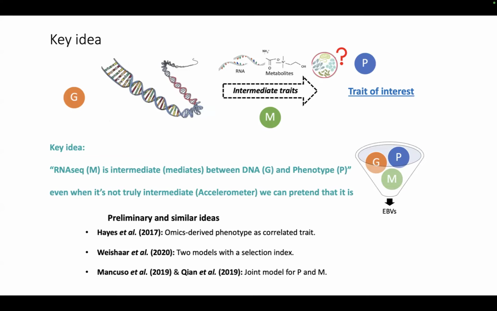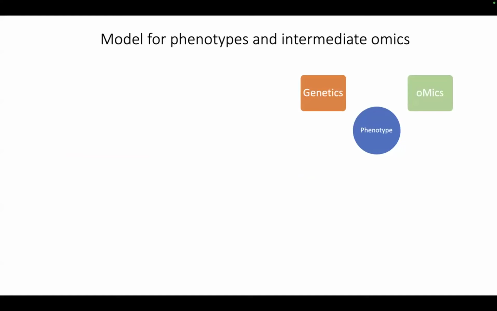So for instance, in growth. And there are some papers that have kind of the same ideas, but not completely formalized. Now you can convert this into an actual model. So you have three parts: genetics, phenotype, and your omics. I put a big M for omics because in the paper we use M for omics reading. And then we put arrows.